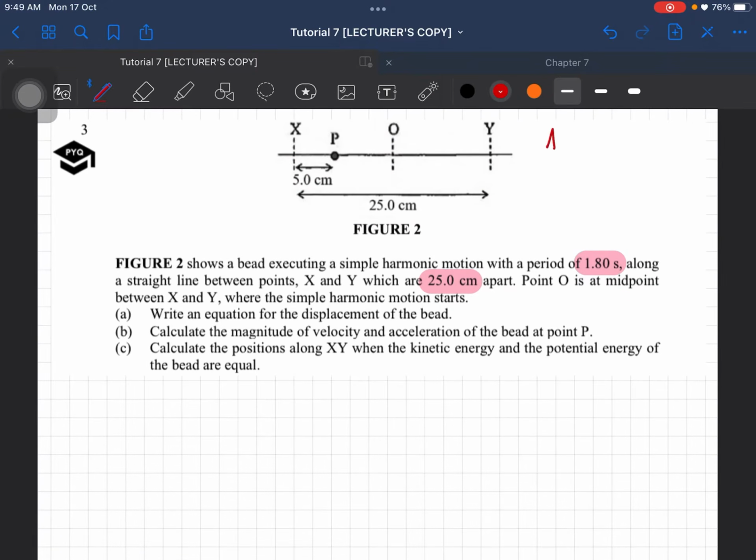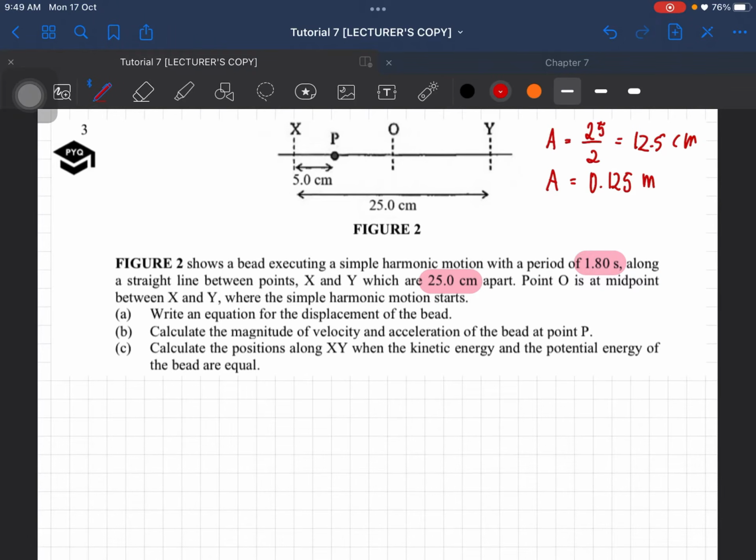So A is going to be 25 divided by 2, which is basically 12.5 centimeters. So that is 0.125 meter.